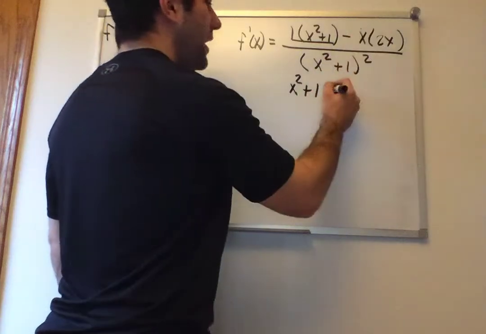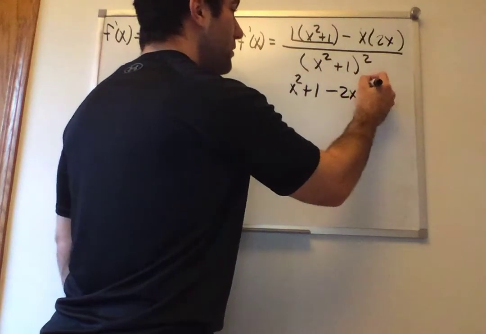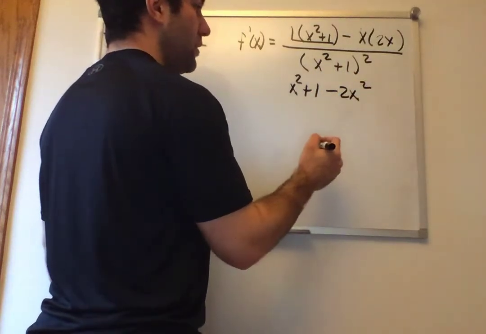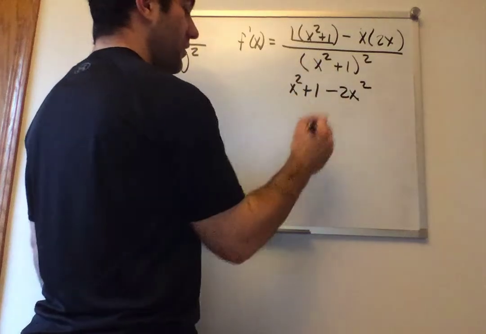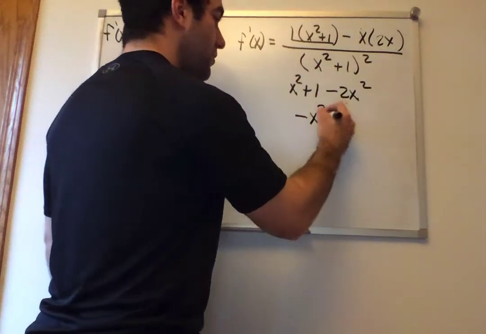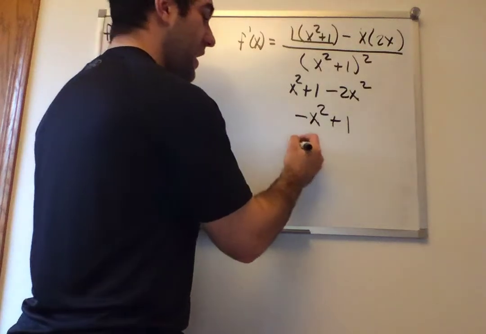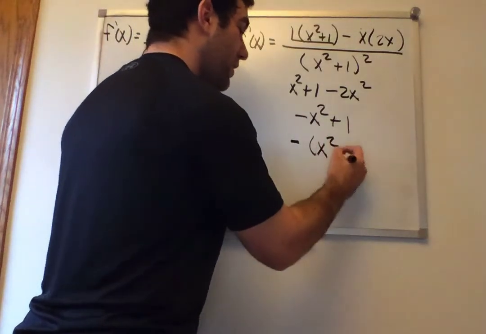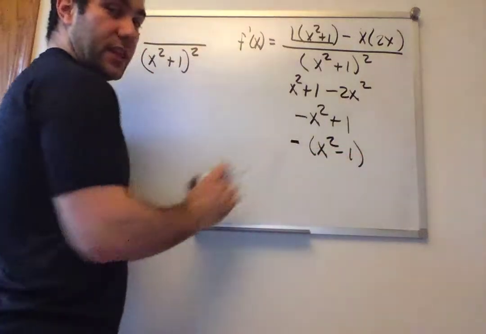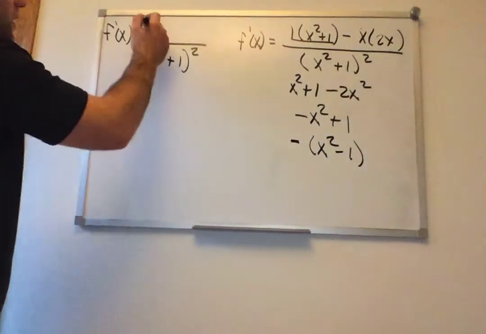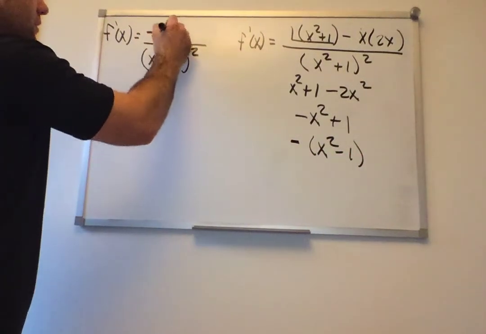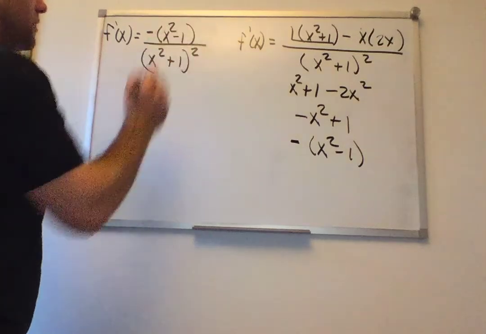And then we get a minus 2x squared, which then if we put together like terms, we get a negative x squared plus 1. But what I'm going to do is factor out the negative and make it x squared minus 1 written like this with a negative. So over here we got a negative x squared minus 1.